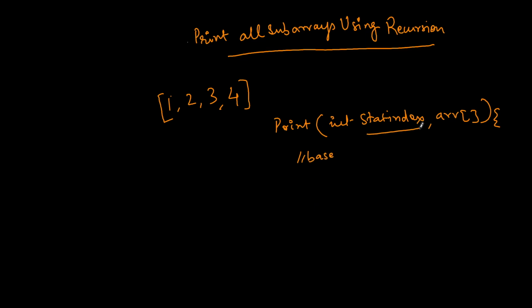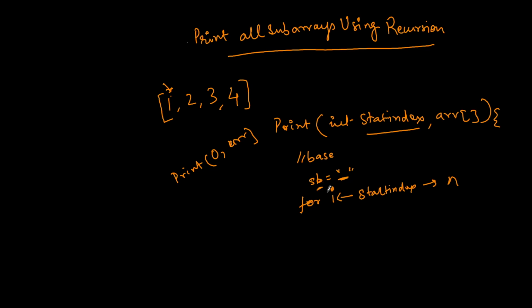We fix the starting index, so the first time we call this function, we call it with 0 and the array. So we'll start from 0. Here we iterate with for i equal to start index to the array size n, and let's say we have a subarray, let's call it SB, and we keep appending to this subarray.